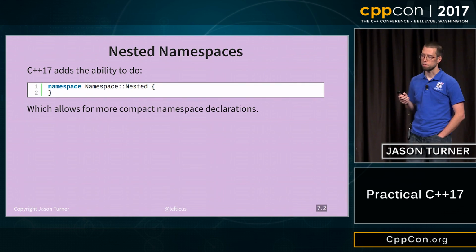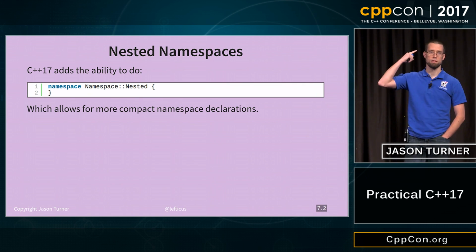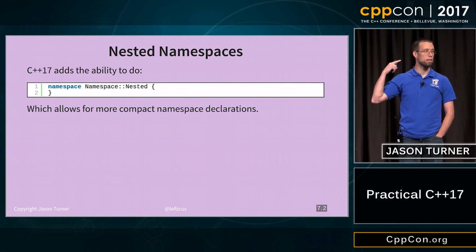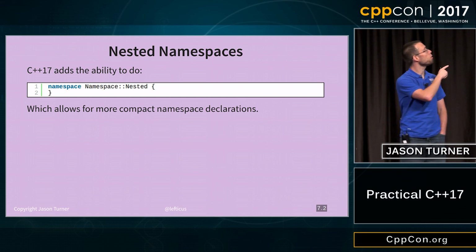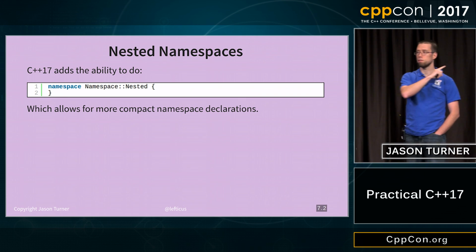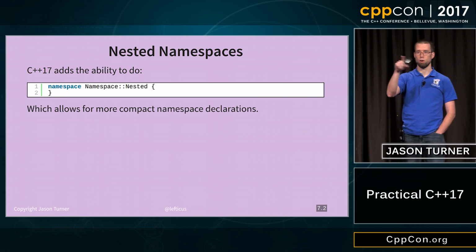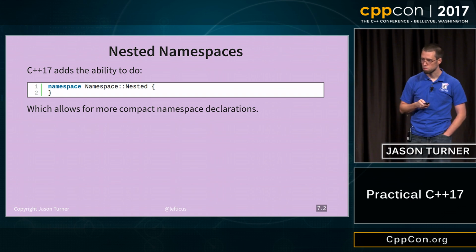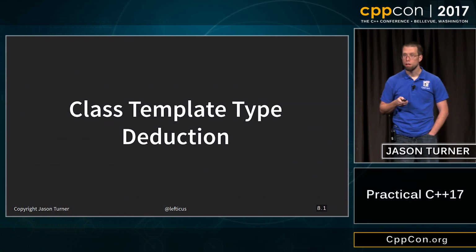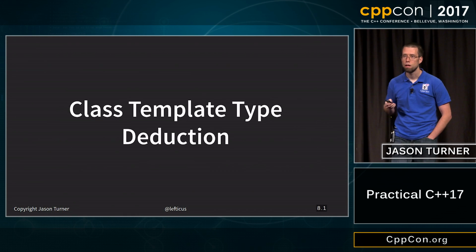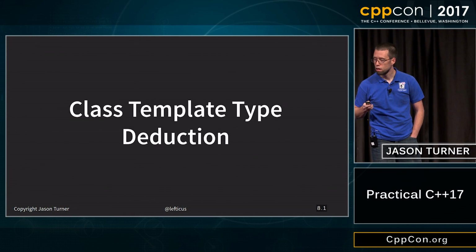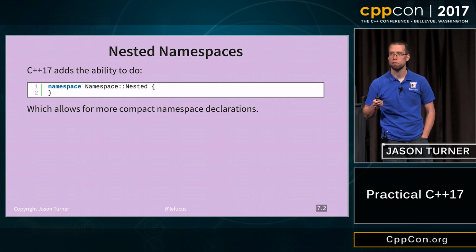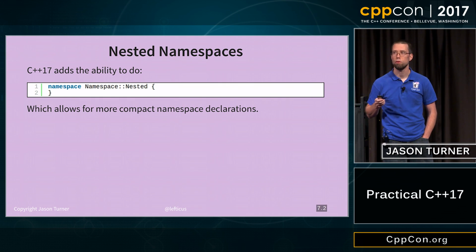Nested namespaces. In C++17, we can now do this. I love this. If you have a reason to have multiple namespaces, you don't have to have an open, open, open, whatever. Yes? Can you have an anonymous namespace that's nested? How would you do an unnamed nested?